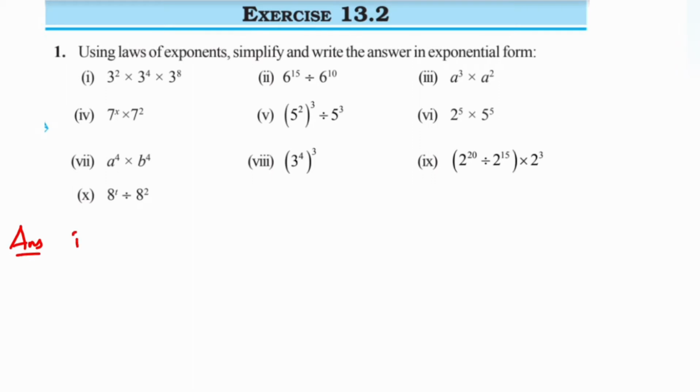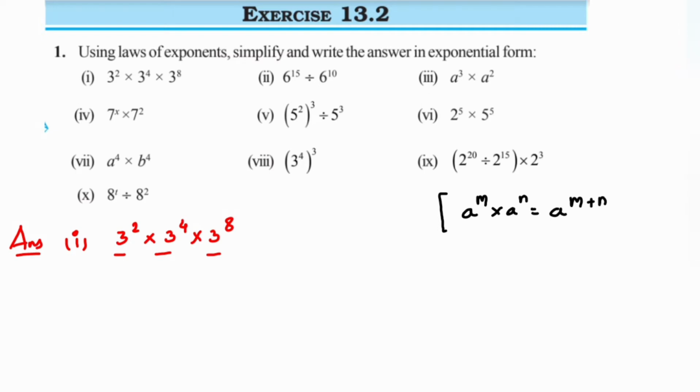So the first question is 3 square into 3 to the power 4 into 3 to the power 8. Now remember, if you observe, the bases are same, right? We have a base 3 but the powers are different. In such case, we have to use this law: a to the power m multiplied by a to the power n will be equal to a to the power m plus n.